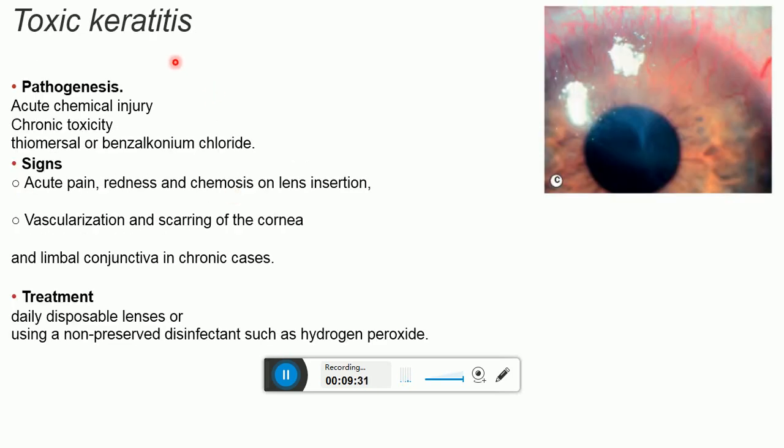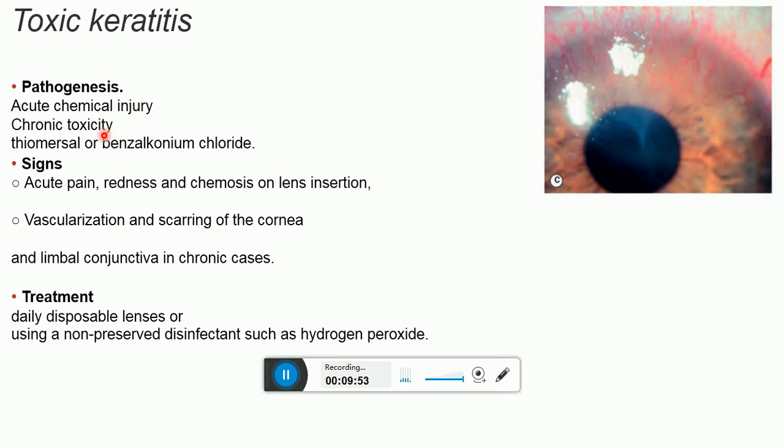Another complication is toxic keratitis. The pathogenesis is an acute chemical injury, caused by inadvertently placing a contact lens on the eye without first neutralizing toxic cleaning agents such as hydrogen peroxide.